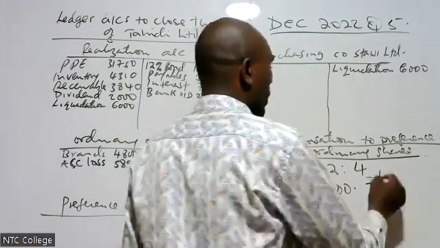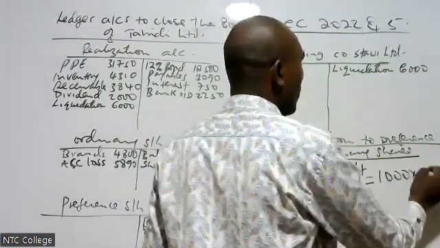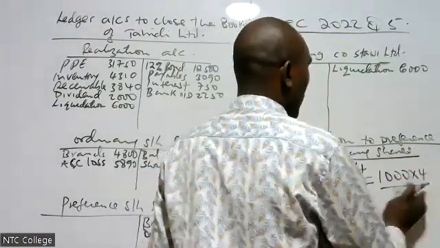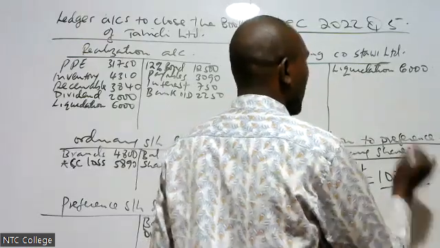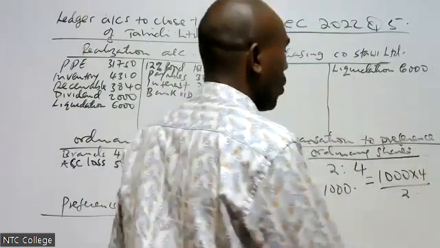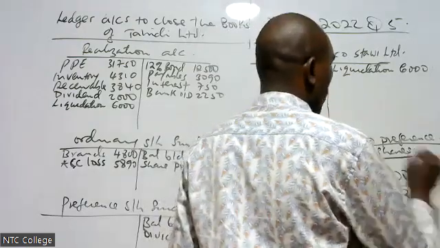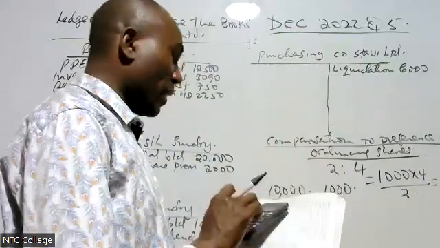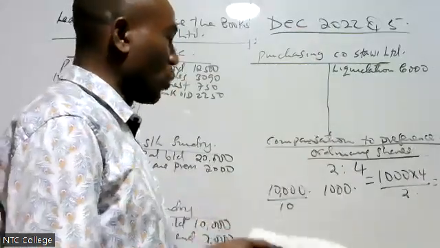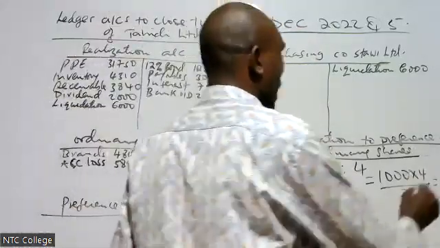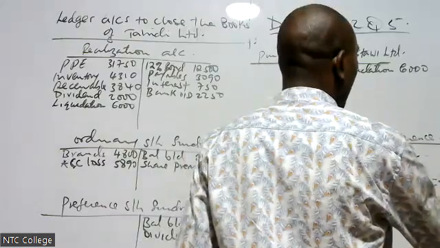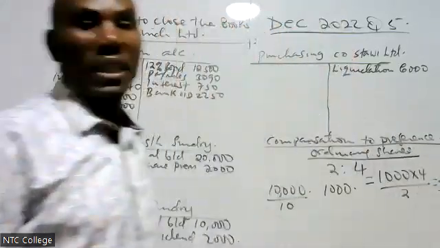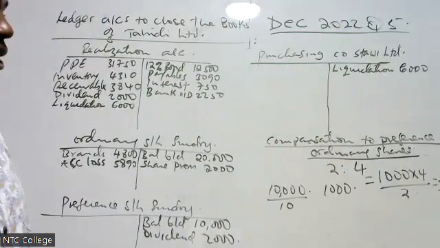Therefore, this one will be 1,000 times 4 divided by 2. How many ordinary shares are we issuing? The ordinary shares are 2,000.